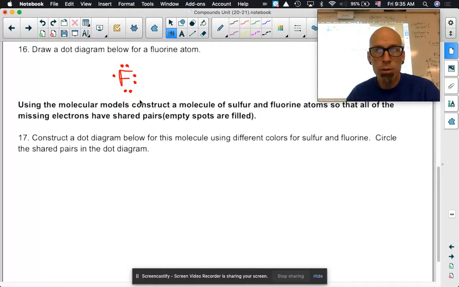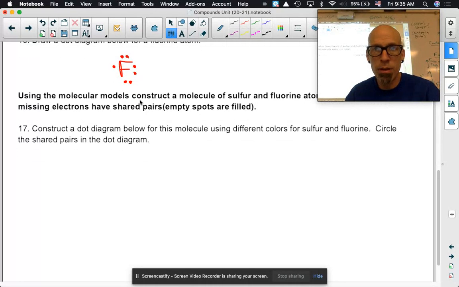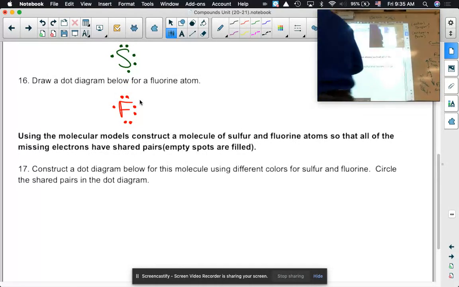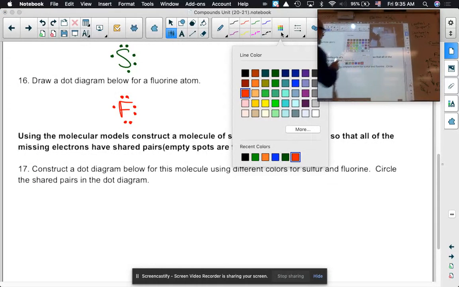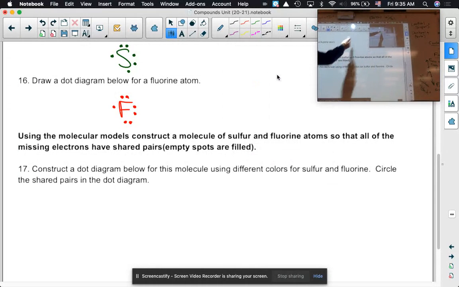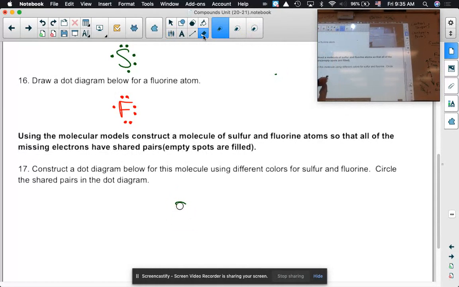And so now you're supposed to construct a dot diagram with these two here. That means, let's go back to green here. Oh my gosh, this thing is acting nuts. Okay. Sulfur, 1, 2, 3, 4, 5, and 6.